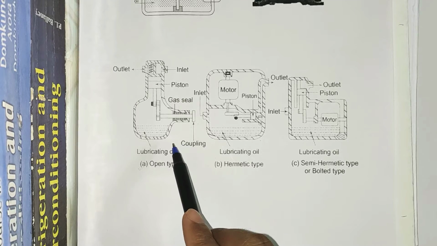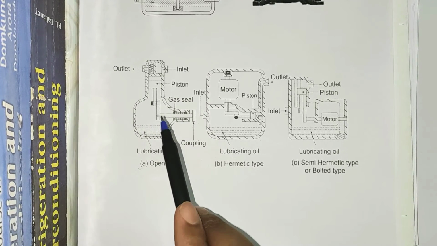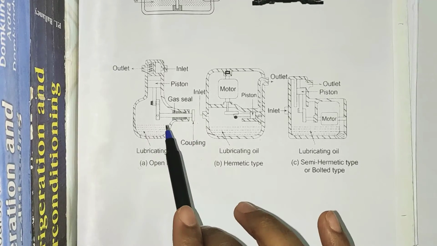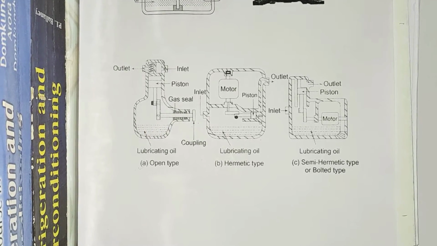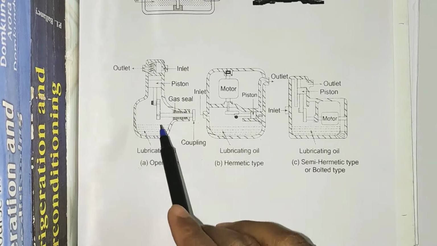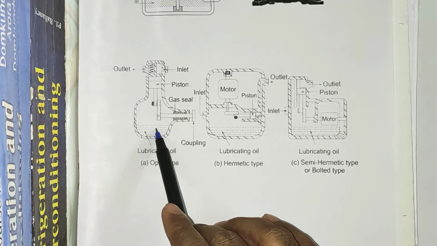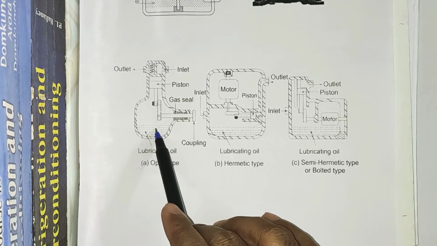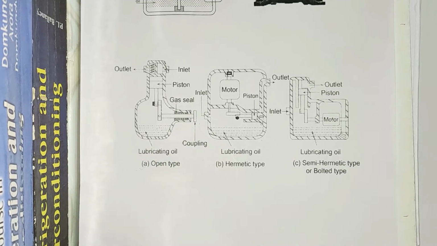Now open type compressors are generally used in medium to large capacity refrigeration systems for all refrigerants, and especially for ammonia. These are characterized by high efficiency, flexibility, better compressor cooling, and longevity or serviceability.